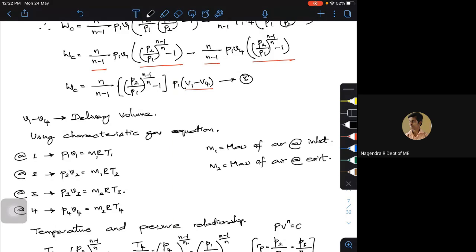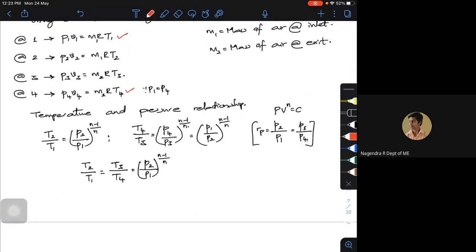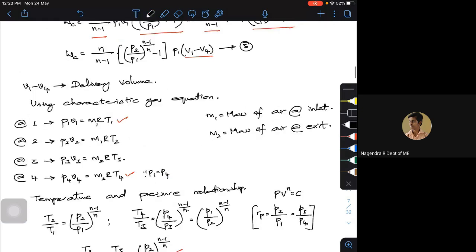Then P1 V1, I can write as M1 R T1, and P1 V4, because here P1 is equal to P4, is equal to M2 R T4. So I am going to substitute these, P1 V1 as M1 R T1, P1 V4 as M2 R T4, and T2 by T1 for P2 by P1 to the power of n minus 1 by n, in equation 3.